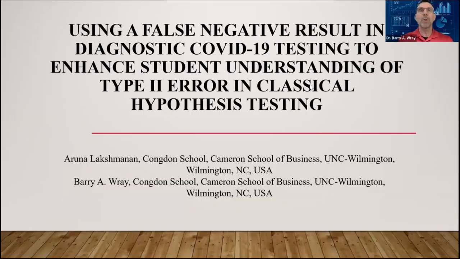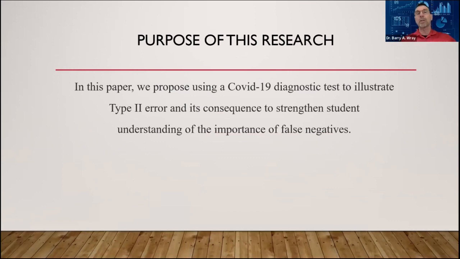This is a paper that is in progress. Aruna and I both teach business analytics at the Cameron School in Wilmington, North Carolina, at UNC Wilmington in the United States, and we both teach a lot of sections of the Intro to Statistics course.